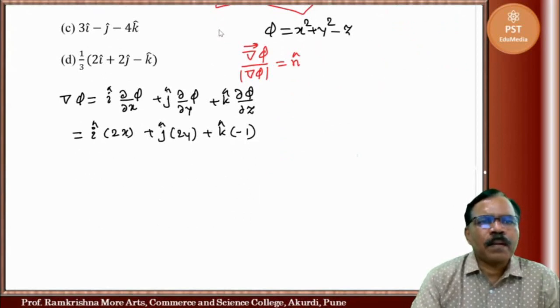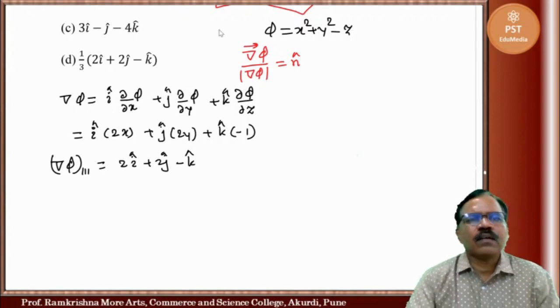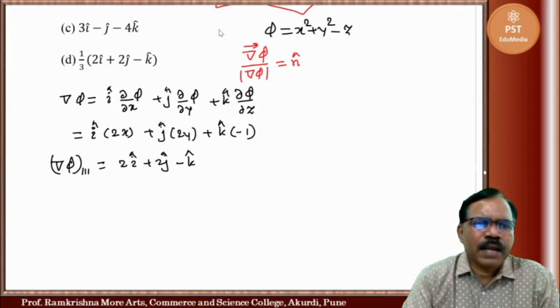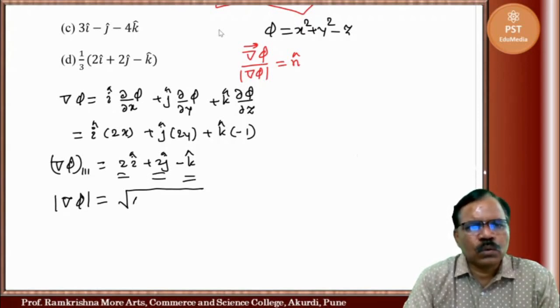And now del phi at 1 1 1 will be 2i plus 2j minus k. And magnitude of del phi is equal to root of 2 square plus 2 square plus 1. So 4 plus 4 plus 1, root of 9, that is 3.